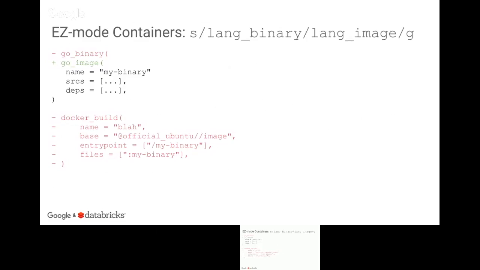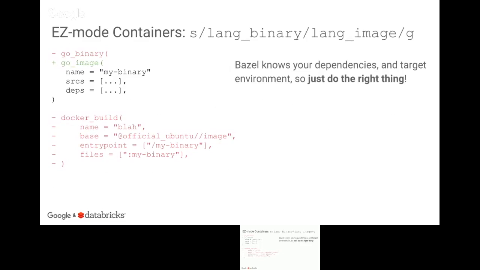The idea is that you've already told Bazel all this information about your dependencies and the environment, the platform you are targeting. And so for at least, I would say, a majority of simple cases, we should just be able to do the right thing without you needing to tweak a whole bunch of knobs.